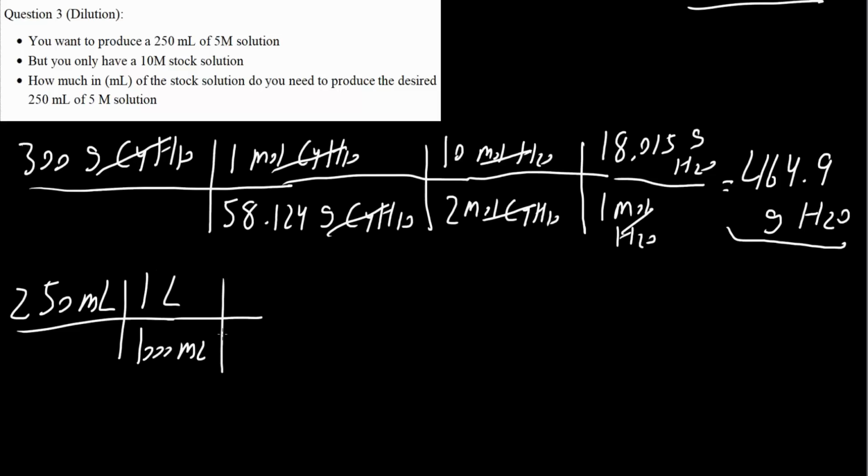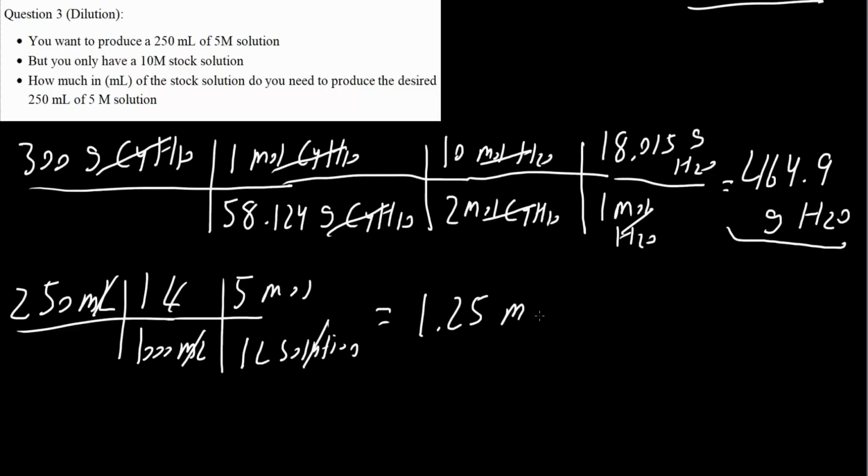From there, we will use this 5 molar solution. We know that 1 liter of solution would contain 5 moles, because 5 molar is 5 moles per liter. Let's check what we have. Milliliters cancel, liters cancel, and we have just moles. So we would get 1.25 moles. That's the number of moles that we need.